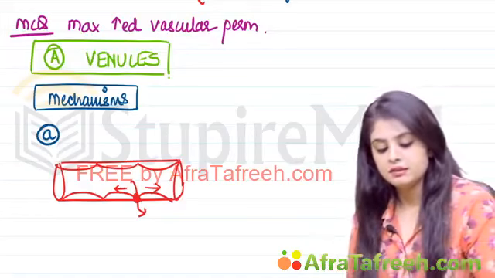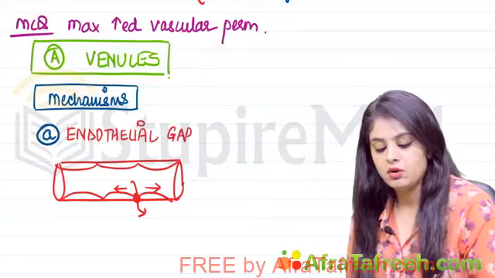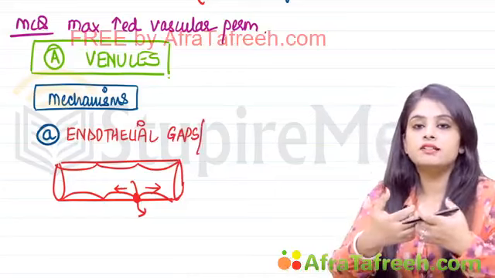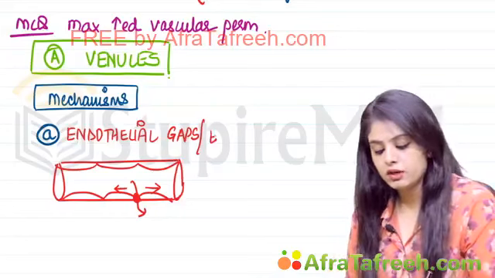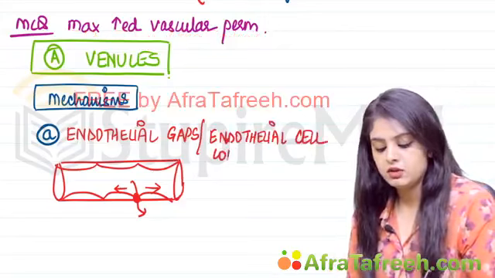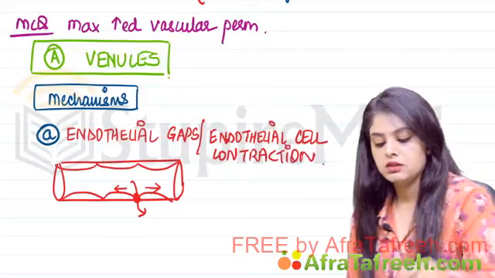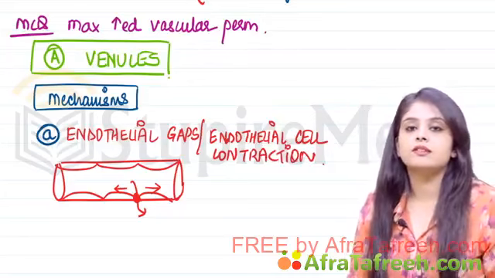So the name of the mechanism is endothelial gaps. How are these endothelial gaps happening? Because the two endothelial cells have contracted. If they contract, the gap increases. So I am going to call it endothelial cell contraction. Correct? So whatever was flowing inside will now come outside because there is a gap.